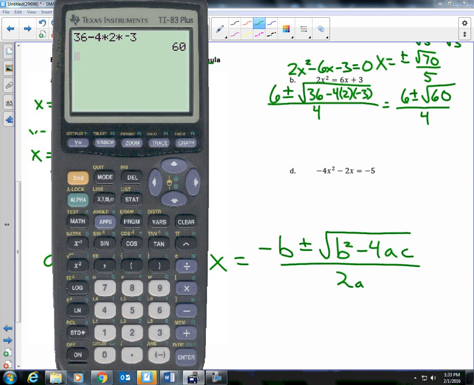So it will be 6 plus or minus 2 root 15 over 4. And then in my final step of simplifying it, I look at these 3 numbers. Are they all divisible by the same number? 2. So divide them all by 2, and I get 3 plus or minus the root of 15 over 2.